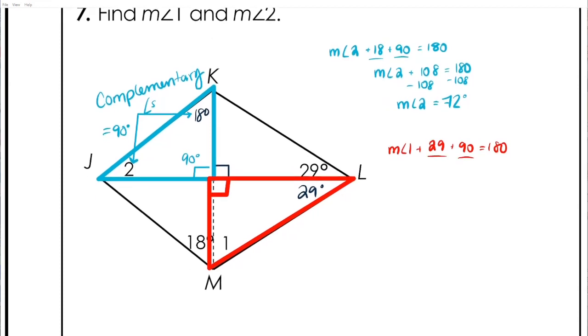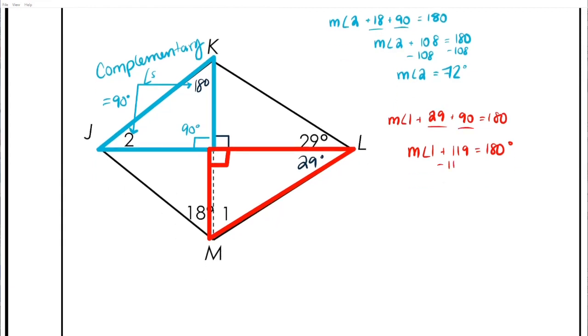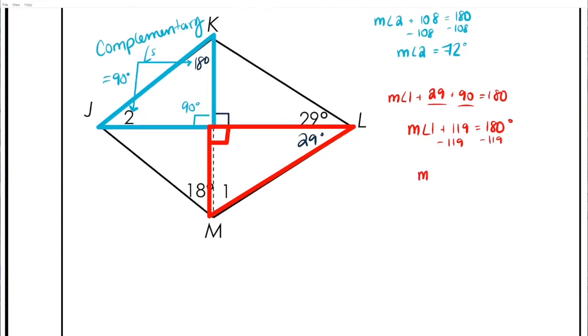Combine like terms, the measure of 1 plus 119 is 180. Subtract 119. So 1 is 61.